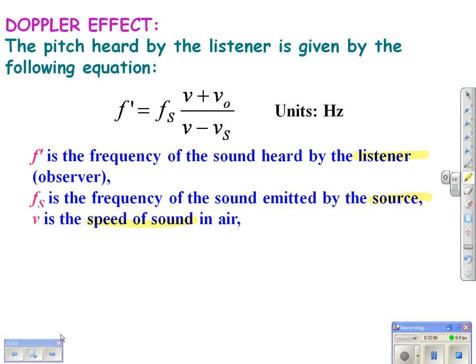v is the speed of sound in air, and for most all of our problems, we're going to use 340 meters per second, unless it's actually given in the problem. On your worksheets and homework problems, you're going to use 340, so you might want to write that in your notes, 340 meters per second for homework, unless given.